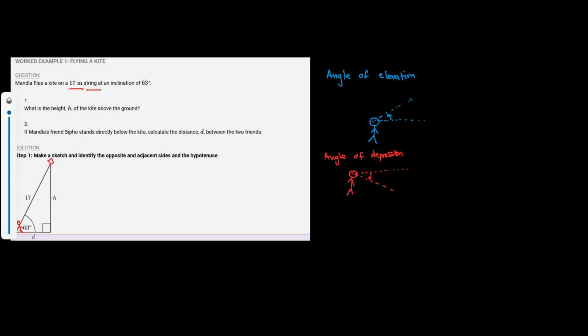What I can see that is formed is a right angle triangle. Whenever you see a right angle triangle, there are a couple of things that can come to your head. It's the theorem of Pythagoras, which is the hypotenuse squared is equal to the sum of the squares of the other two sides. But of course, what we just dealt with a few minutes ago, which is trigonometry, the three trigonometric ratios, sine theta, cos theta, and tan of the angle.